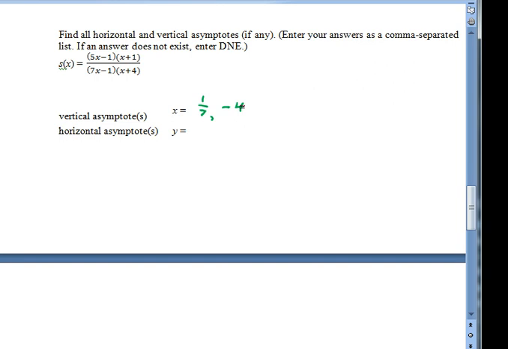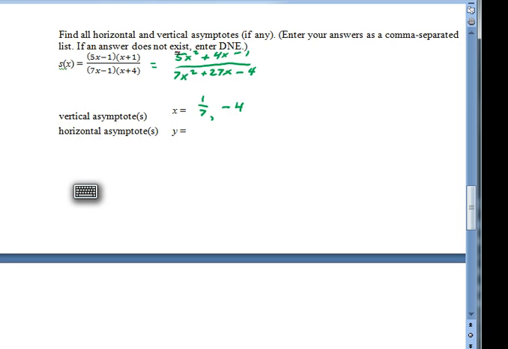in this case. In terms of the horizontal asymptote, notice that we have a quadratic function both in the top and the bottom of this rational function. We'd have 5x squared plus 4x minus 1 over 7x squared plus 27x minus 4.